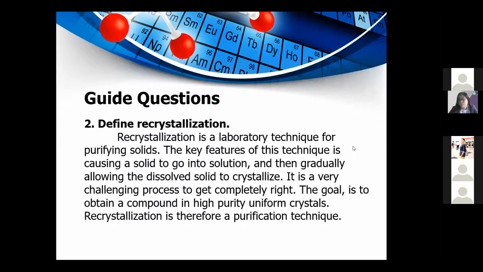Recrystallization is a laboratory technique for purifying solids. The key feature of this technique is causing a solid to go into solution and then gradually allowing the dissolved solid to crystallize. It is a very challenging process to get completely right. The goal is to obtain a compound in high purity uniform crystals. Recrystallization is therefore a purification technique.